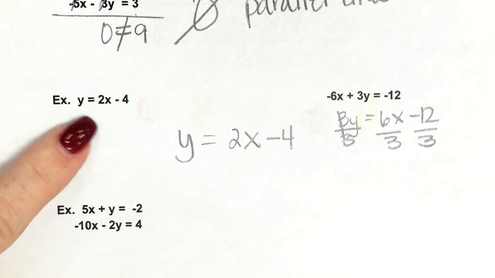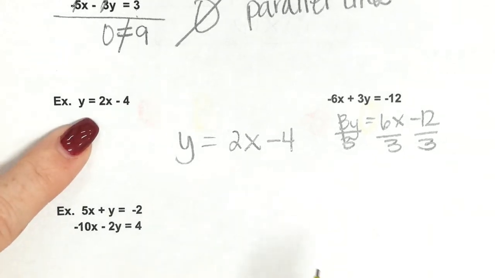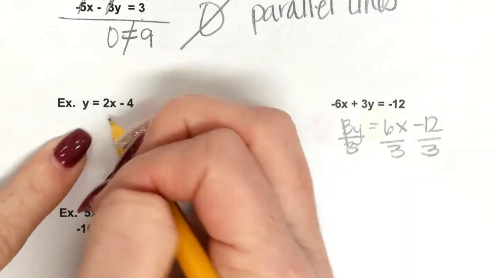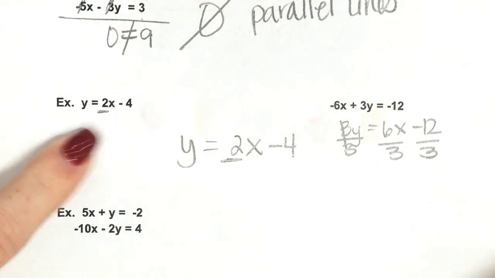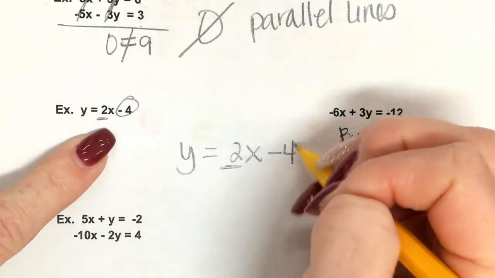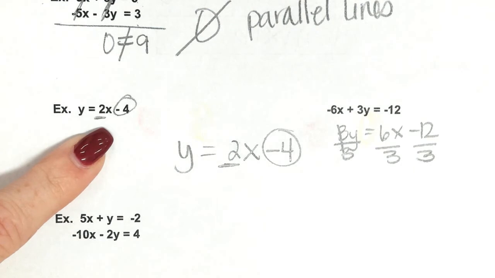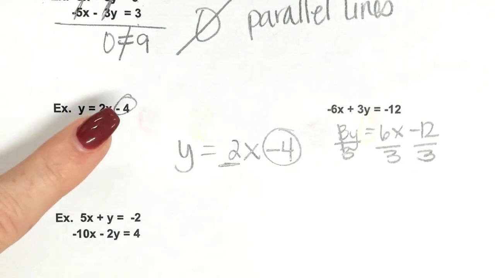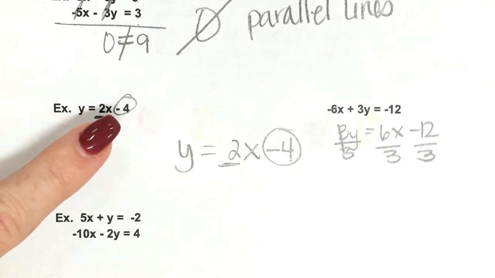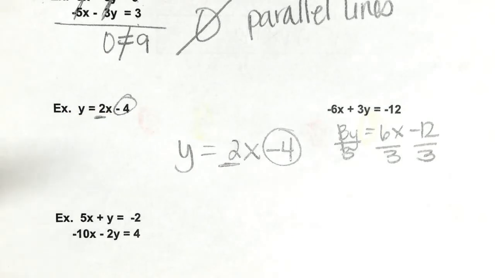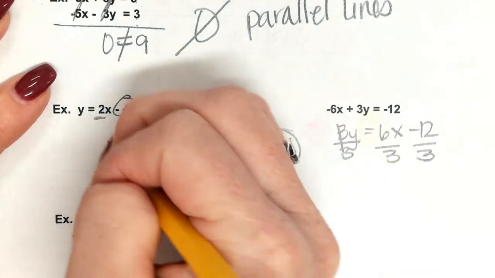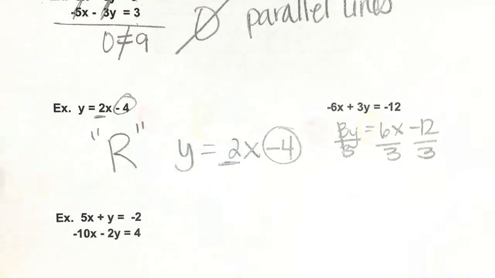Did y'all get y equals 2x minus 4? Are their slopes the same? Are their y-intercepts the same? That means they're the exact same line. They're the same equation, and they're going to touch each other everywhere. So my answer is all real numbers.